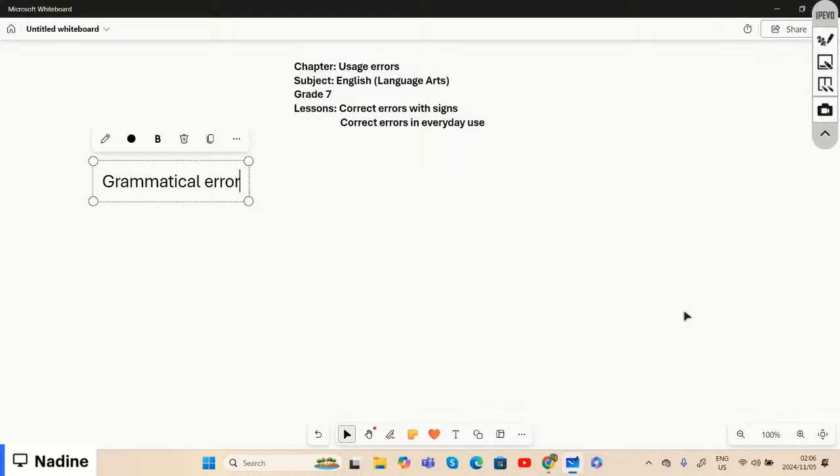And this grammatical error will show an instant fault either in a sign or anything that we are specifically looking at. So it's a grammatical error.